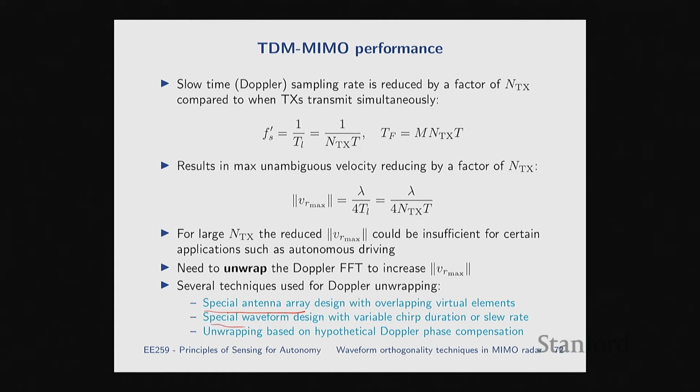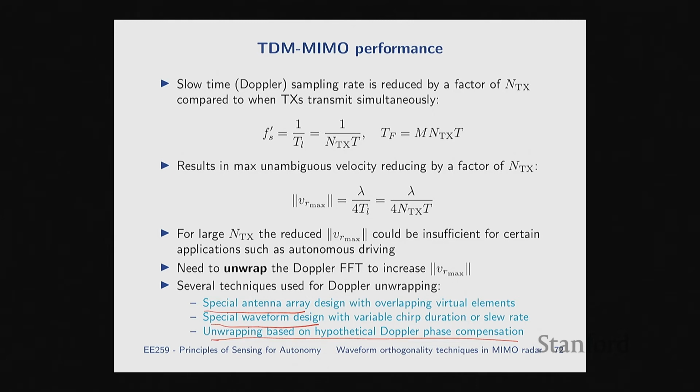You can design special waveforms that enable you to recover large velocities in the case of TDM MIMO. Or you can design better DSP algorithms, so instead of just doing an FFT, you do something more sophisticated, which doesn't have the limitations associated with FFT.